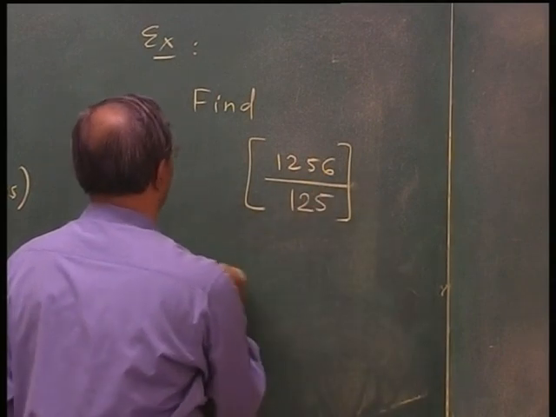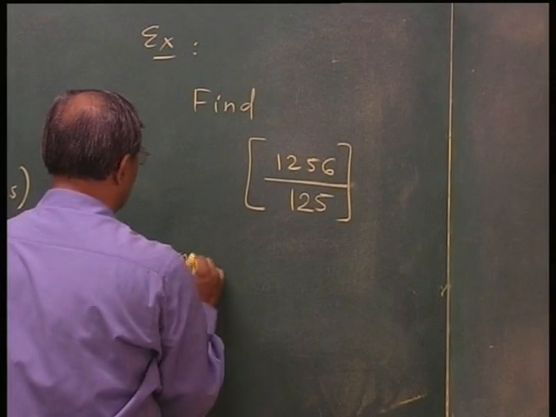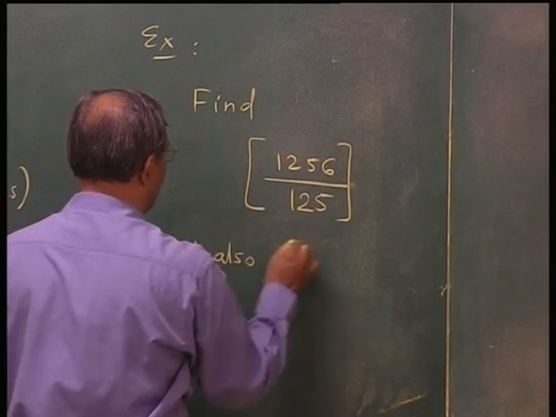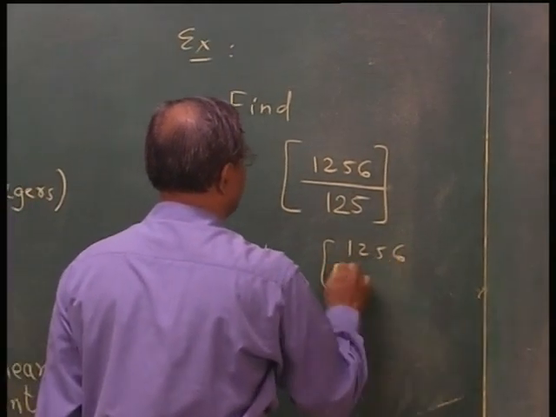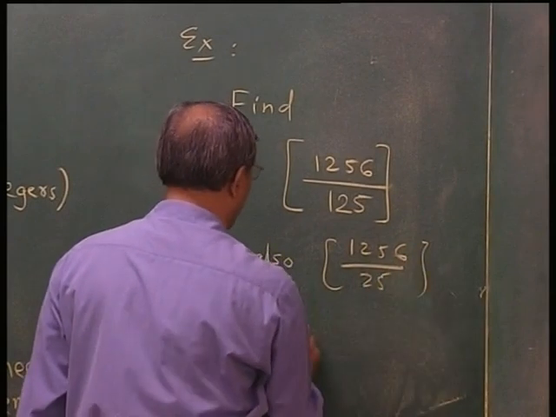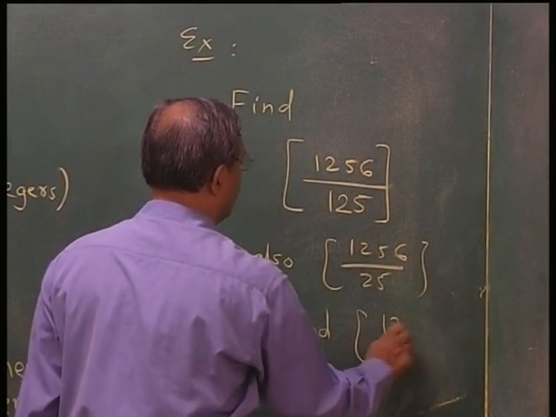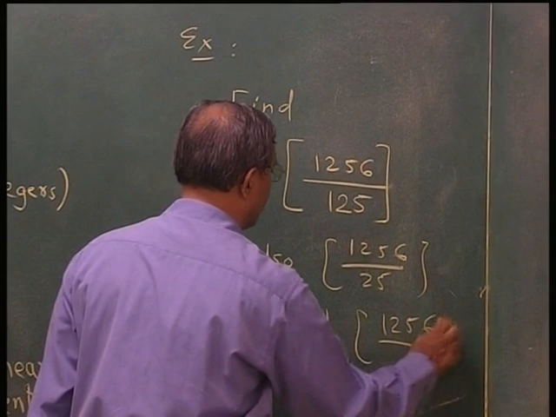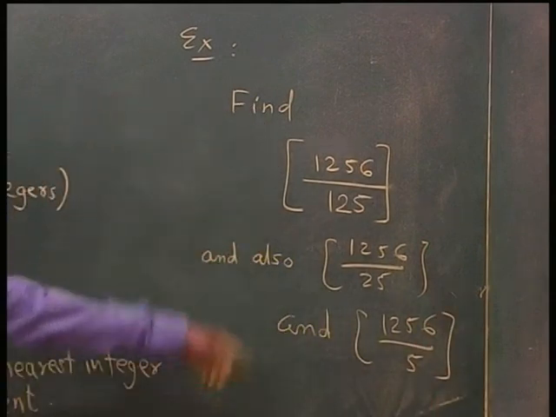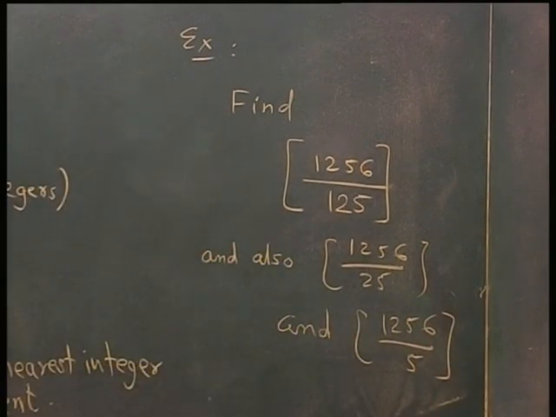Now this we can do, but I also want 1256 by 25 and 1256 by 5. I want all this.